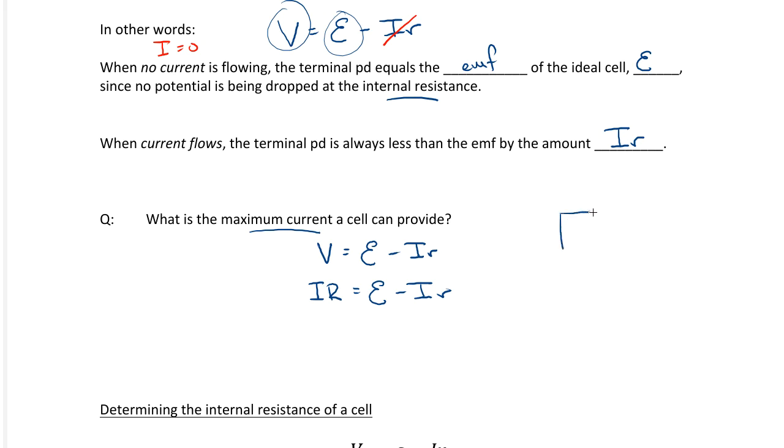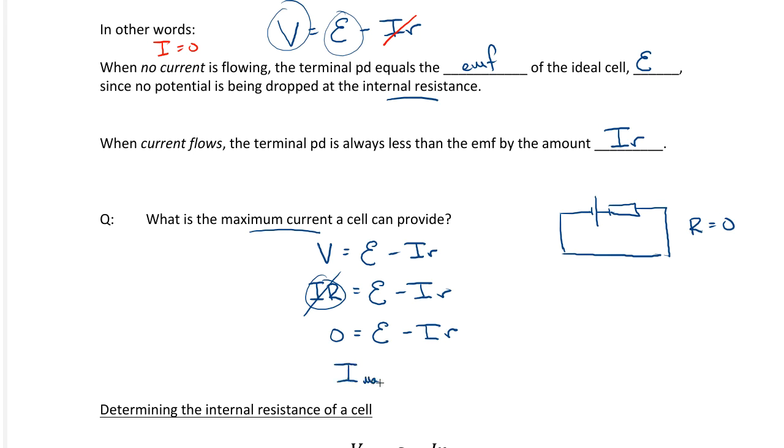So we take our cell, it's got an internal resistance like this, and we just connect the two terminals by a wire. In this case, the external resistance is equal to 0, and so this becomes 0, and we have 0 is equal to the EMF of the cell minus the current times the internal resistance. We're trying to solve for the current, so if we rearrange here, we get that the maximum current, I'll write that as I sub max, is equal to the EMF of the cell divided by its internal resistance.